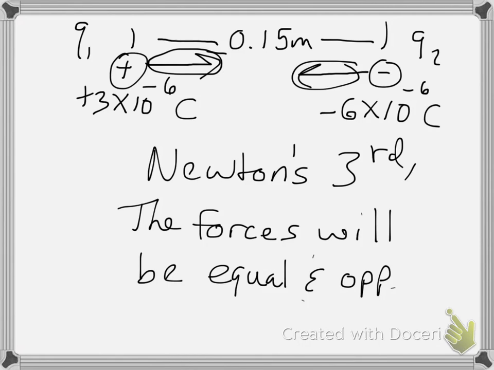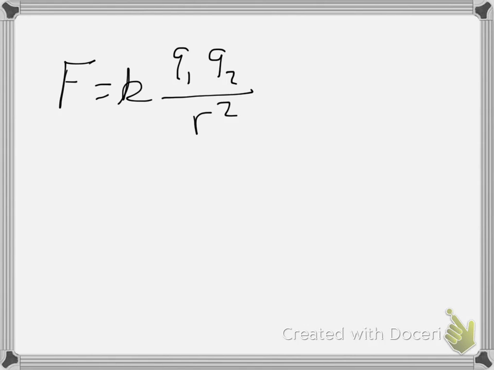So now we can set this problem up in equation form. Remember Coulomb's Law says F equals K Q1 Q2 over R squared, and we just plug in the information from the previous part. Remember K is 9 times 10 to the 9th newtons times meters squared over coulombs squared.